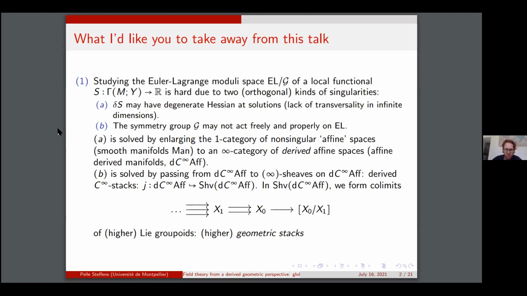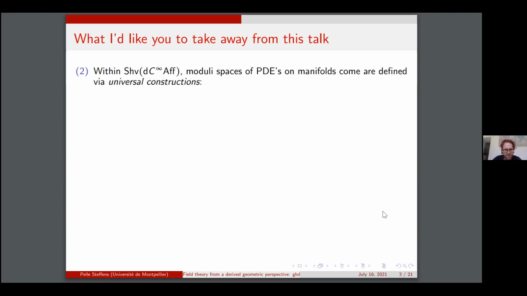Here x1 and x0 are both supposed to be affine. These maps are supposed to be smooth, and this object may not be representable. Then we can iterate this, take another affine x1, but now x1 may be an object such as we obtained here. And so iterating this leads to these higher geometric stacks. All right.